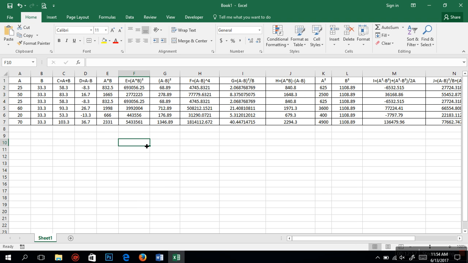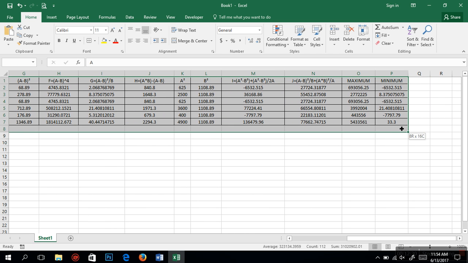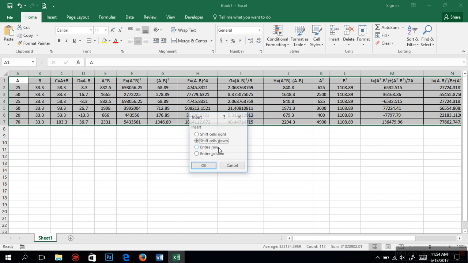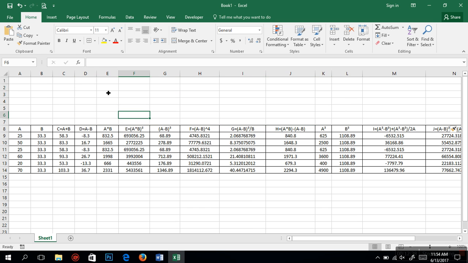Now the next thing we're going to have is rename the worksheet with the title. What's the title? Survey on industrial reaction. So how do we do that? That means these cells have to come down. We highlight all, right click, go to insert again, shift cells down, click OK. It comes down.